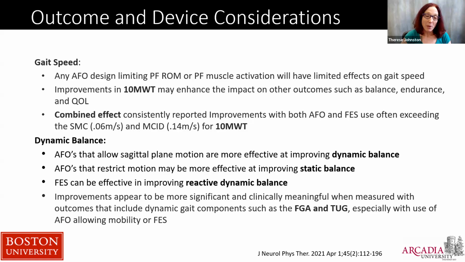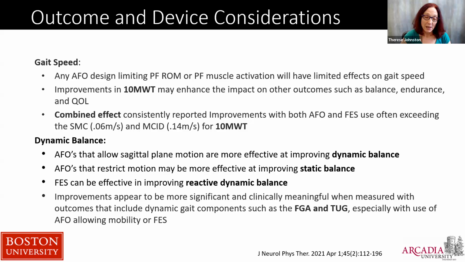Now looking at dynamic balance, one component that's very important is sagittal plane motion. An AFO that allows sagittal plane motion is going to be more effective at improving dynamic balance, while an AFO that restricts motion may be more effective for static balance. So we need to relate that back to the patient goals. And in this case, the patient was more concerned about dynamic balance.